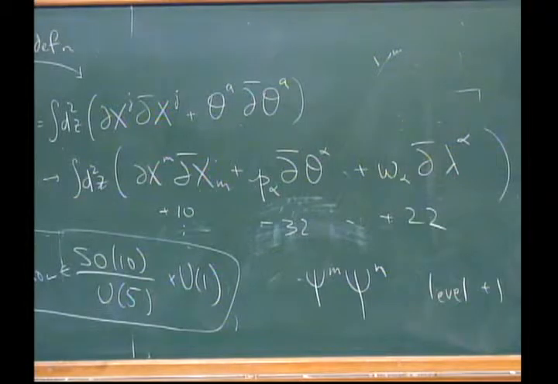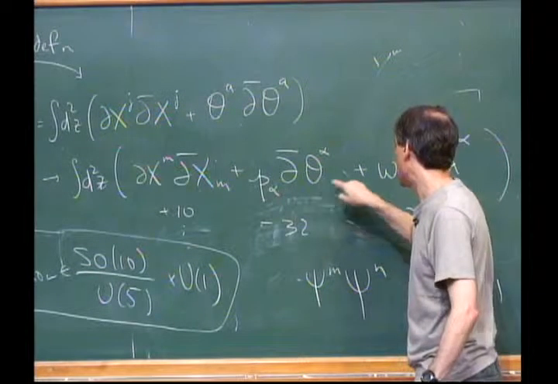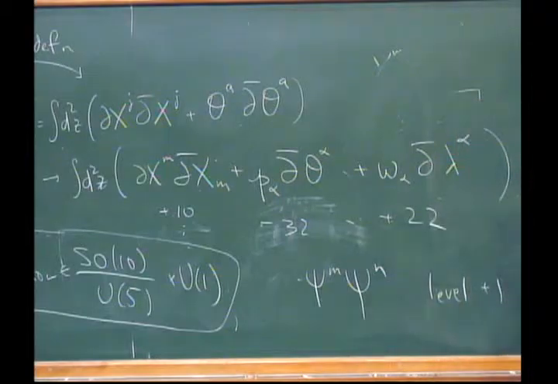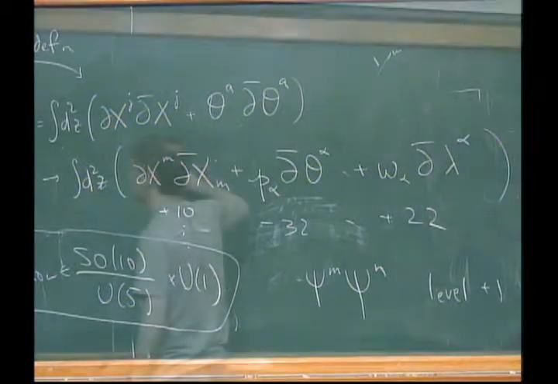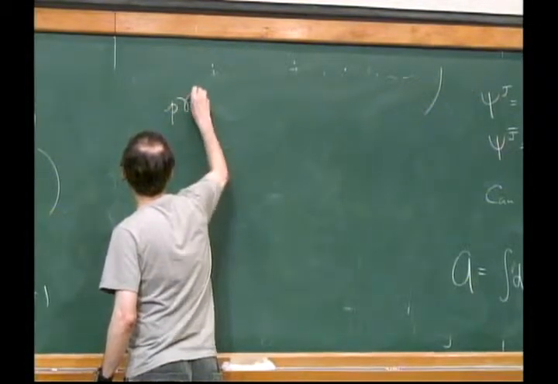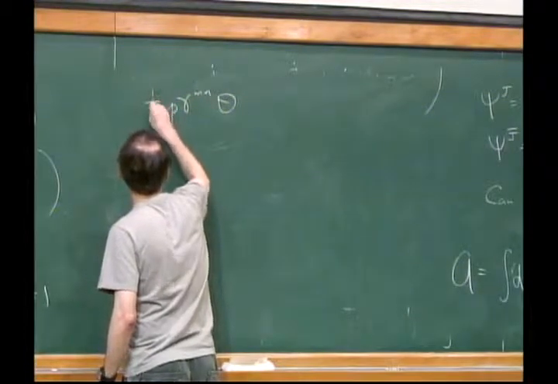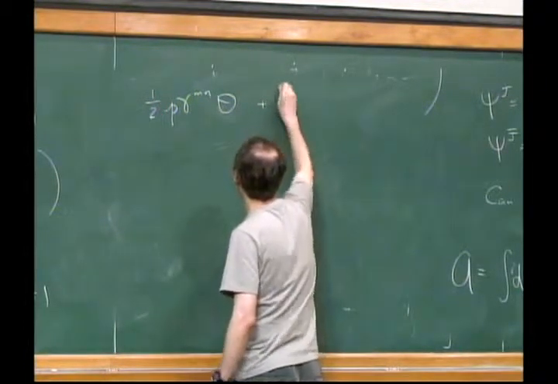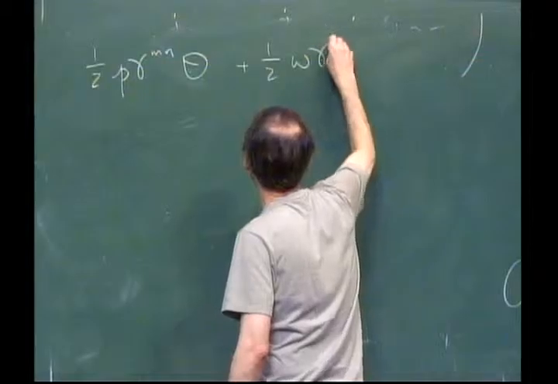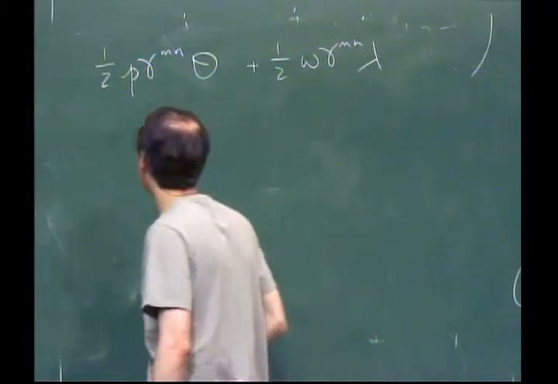In this new description, we have p's and thetas, and each of them has their own Lorentz current. So you have this Lorentz current for the p's and this Lorentz current for the pure spinors.